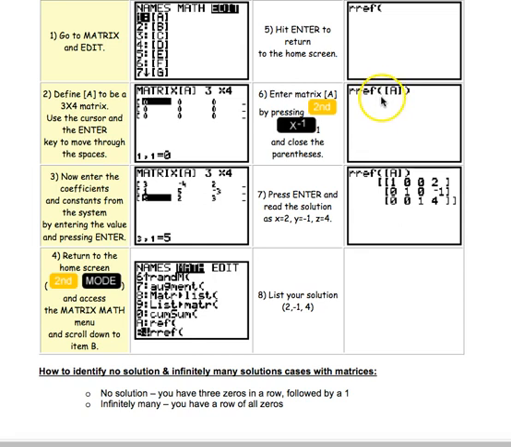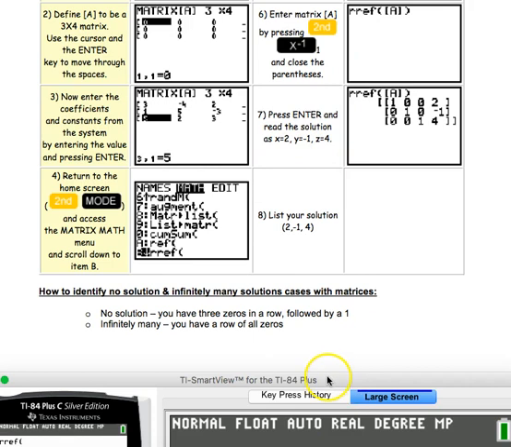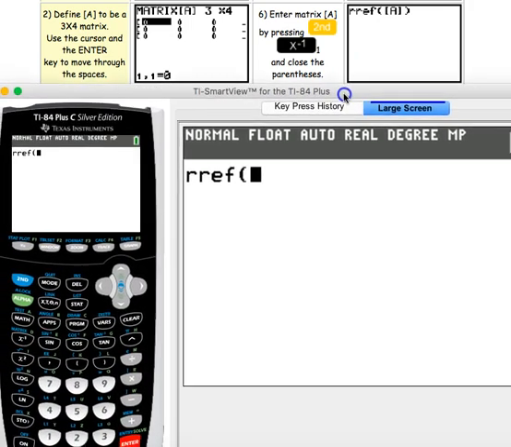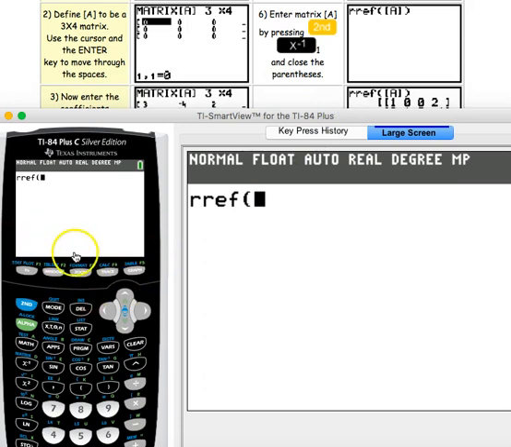You may want to use different ones and not use A every time, because if you get it wrong and you need me to help you, and you no longer have the matrix in your calculator, it makes it hard to do that. So I would recommend not using matrix A every single time, unless you are just checking the answers as you go and you know it's right, in which case feel free to write over top of it.